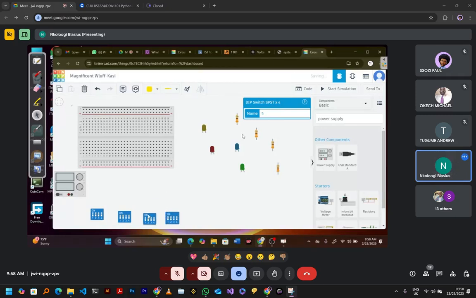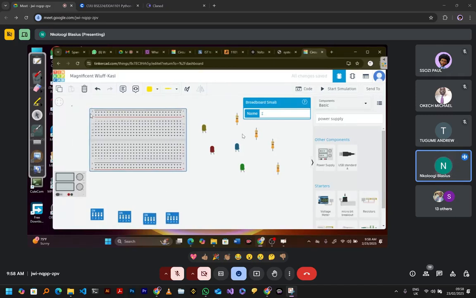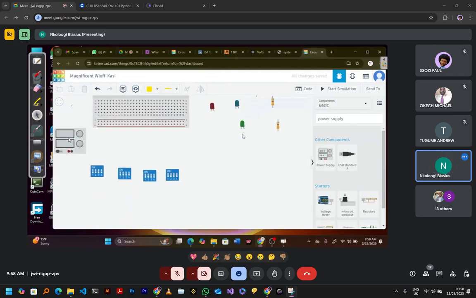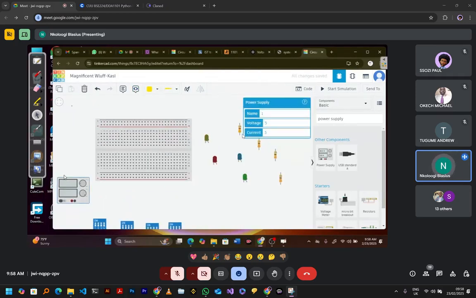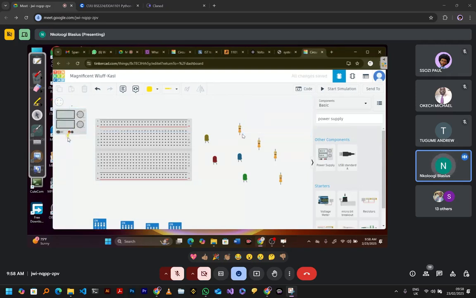So what you do, come to your breadboard here, and then maybe move this one somewhere here, and then say, my positive line, if I hover that terminal, I'll just come and run a 5V terminal here. If someone is stuck, please you can inquire.